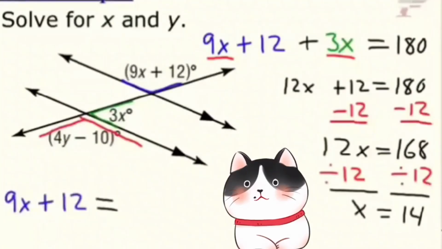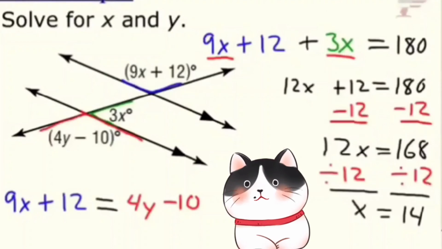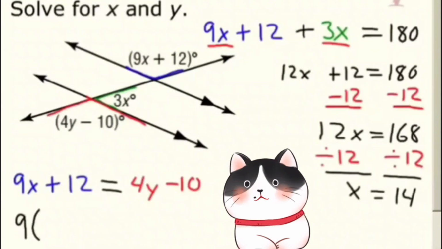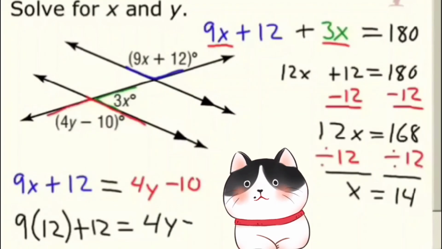So the blue angle must be equal to the red angle, 4y minus 10. But we know that x is actually equal to 12. And so we can rewrite this equation as 9 times 12 plus 12 is equal to 4y minus 10. And then we have to solve for y.